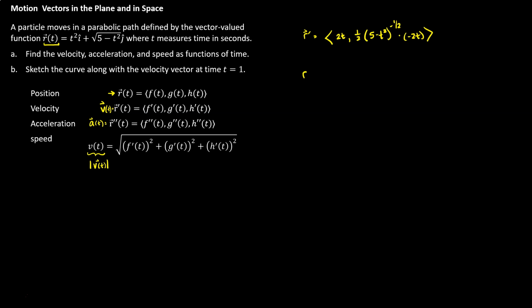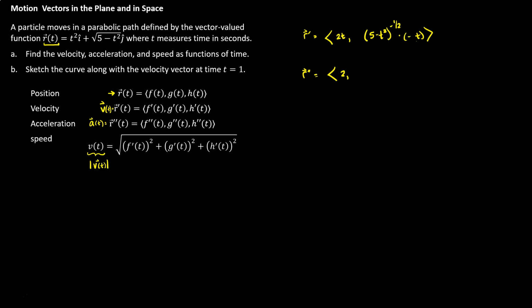And then the second derivative would give us our acceleration. So we're going to take the derivative again of the function r. So that would be 2 in the first component. Now, before we take the derivative of the second component, I want to point out that the 1/2 and the negative 2, they're going to divide off. So that would look like just this.